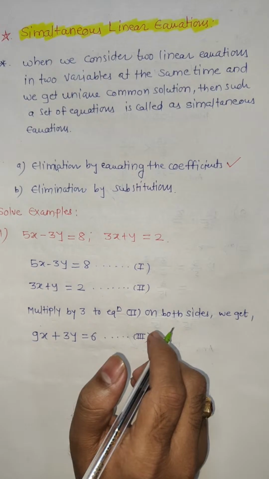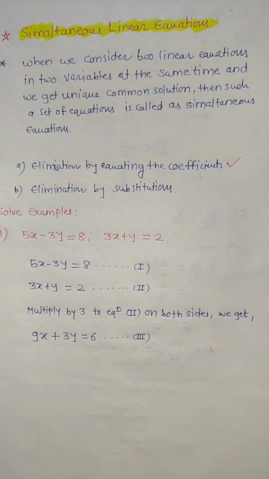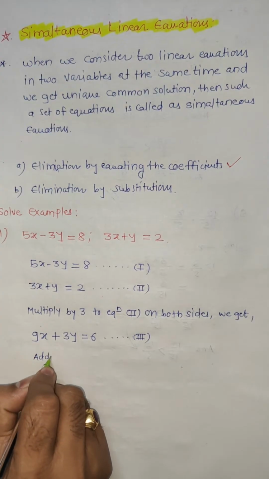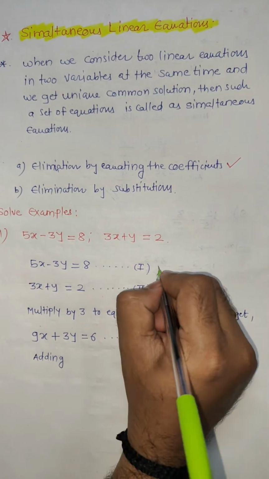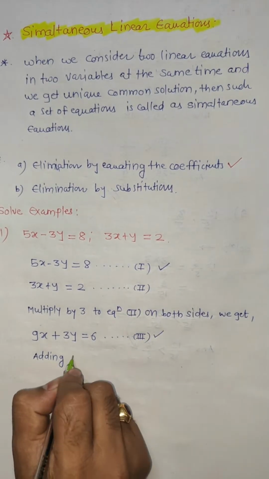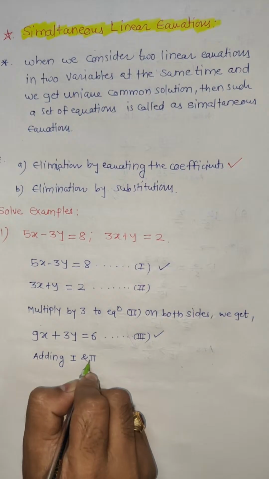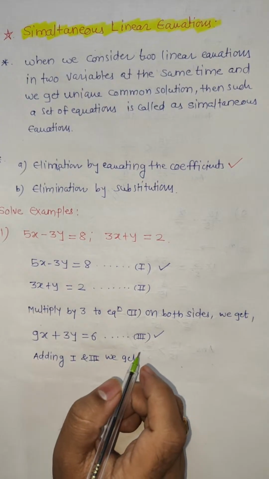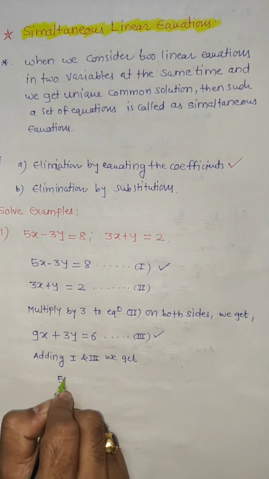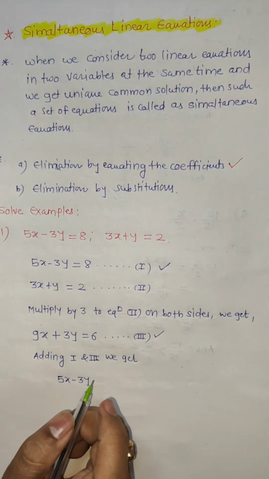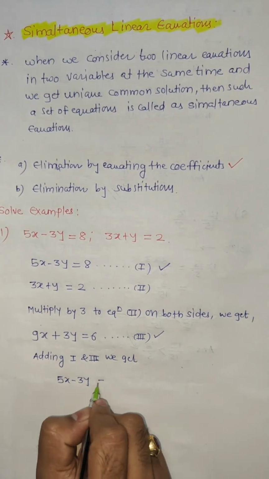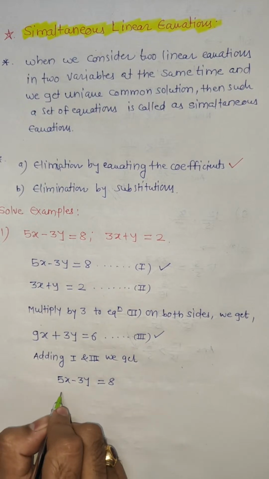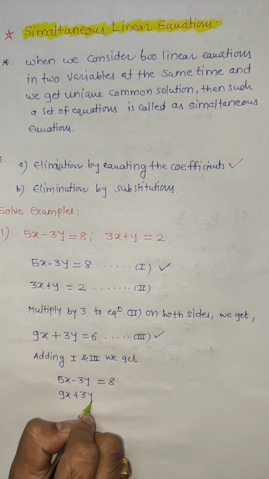Adding equations 1 and 3, we get 5x minus 3y is equal to 8 and 9x plus 3y is equal to 6.